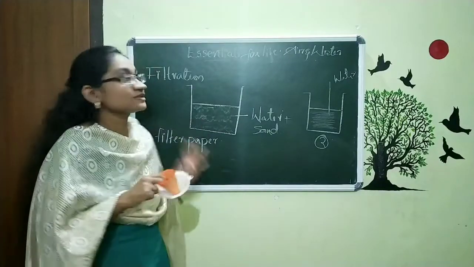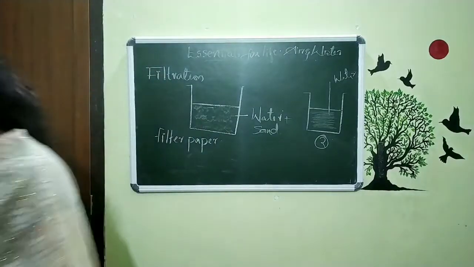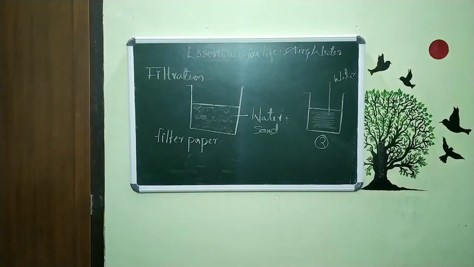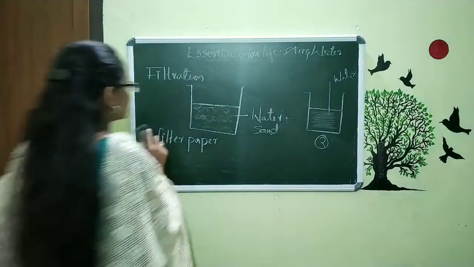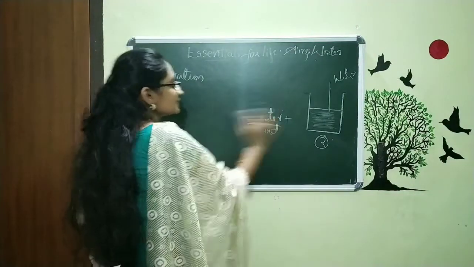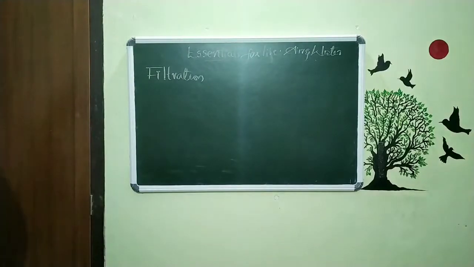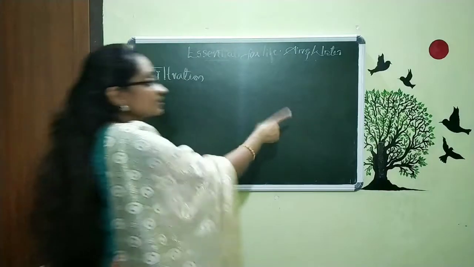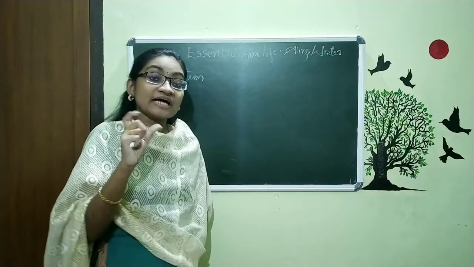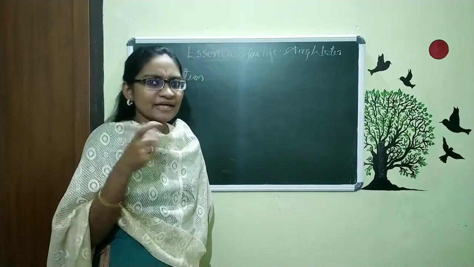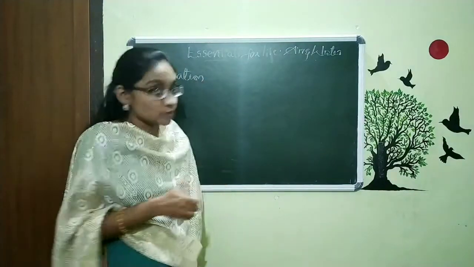So this is the process of filtration using filter paper. Now we are going to study two terms regarding this filtration. In the filter paper we get sand and in that beaker we get water. These two things have separate names when filtration occurs.